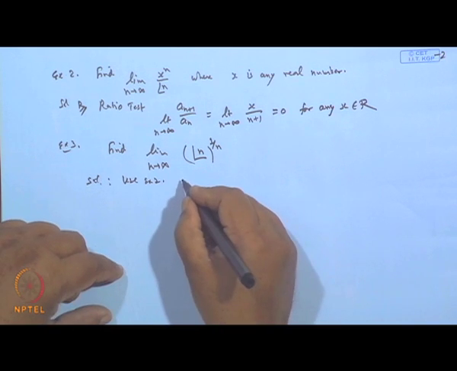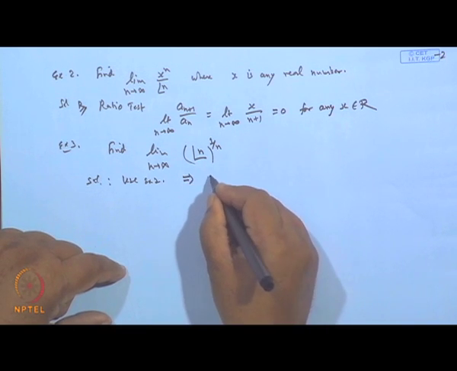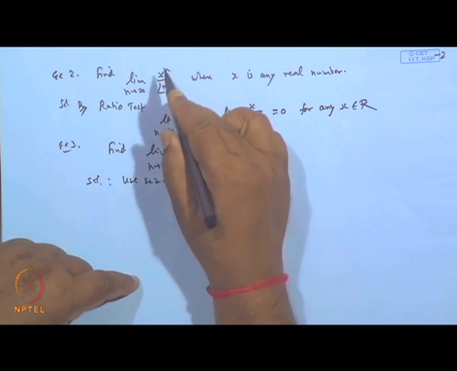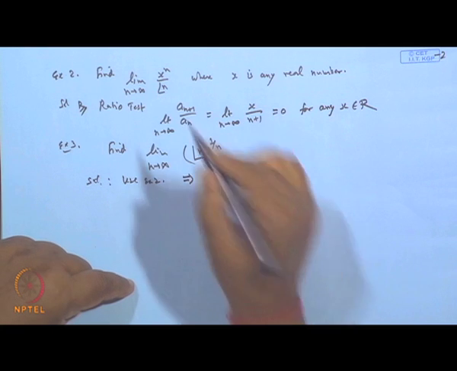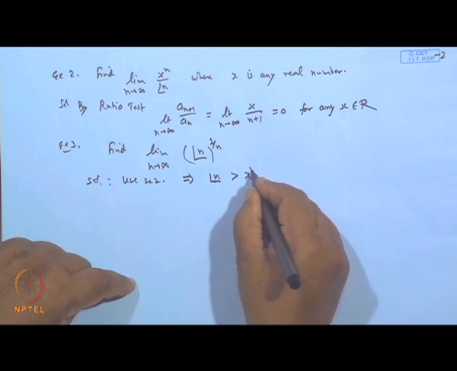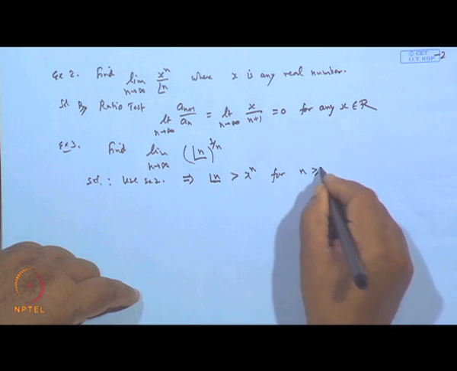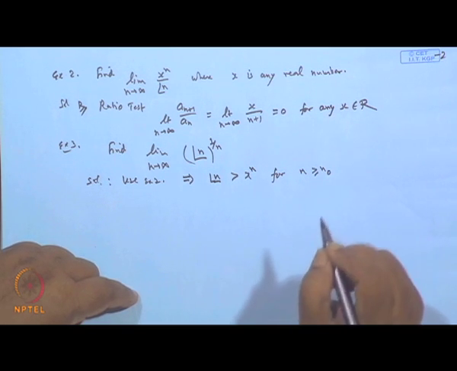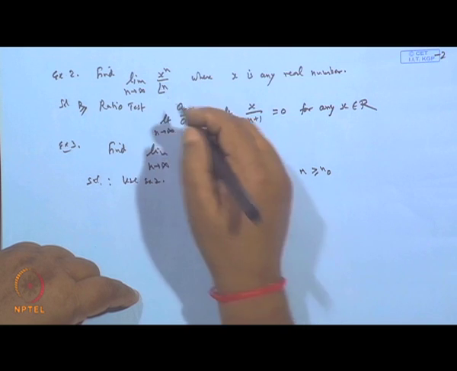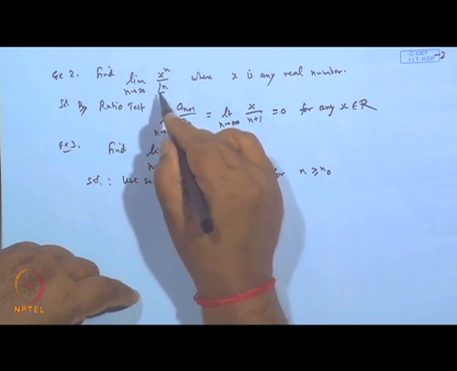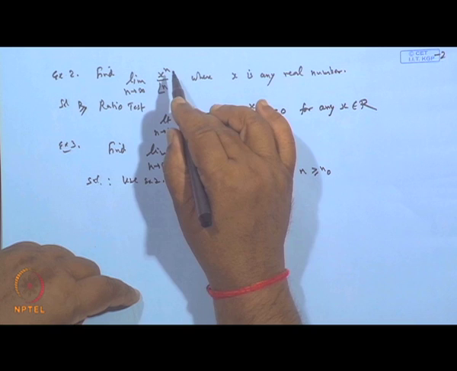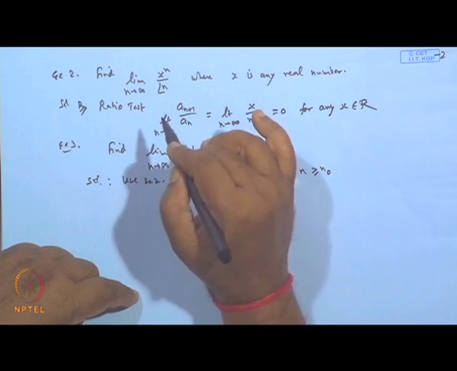From exercise 2, it implies that factorial n goes much faster compared to x to the power n. Because it is tending to 0, it means the denominator goes to infinity much faster compared to x to the power n.